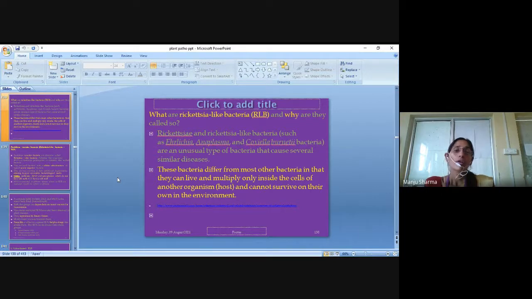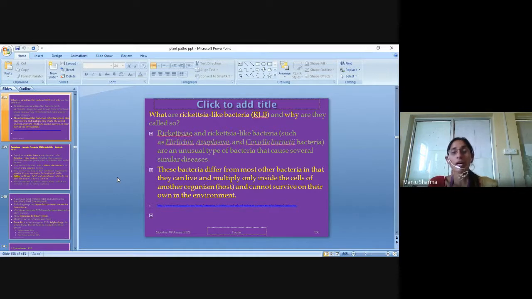Next, what are rickettsia-like bacteria and why are they called so? Rickettsia-like bacteria such as Ehrlichia and Coxiella are an unusual type of bacteria that cause several similar diseases.